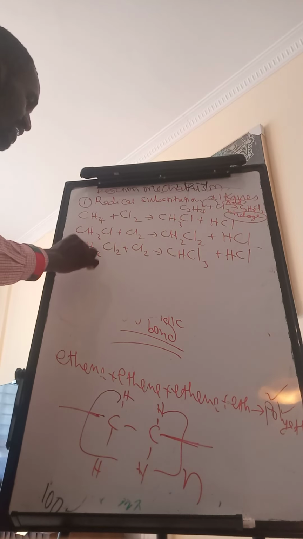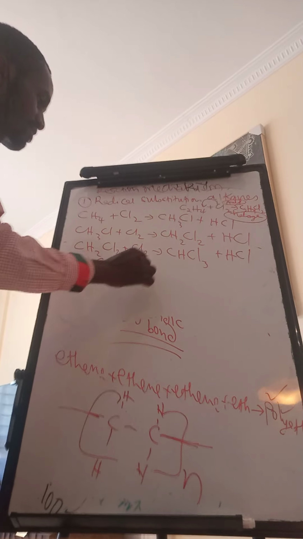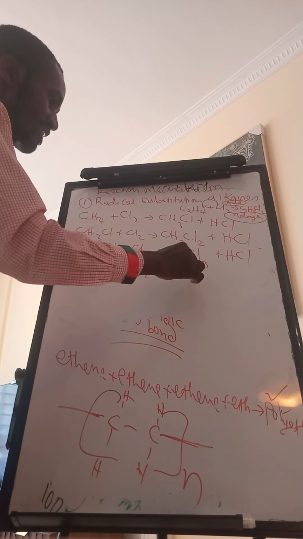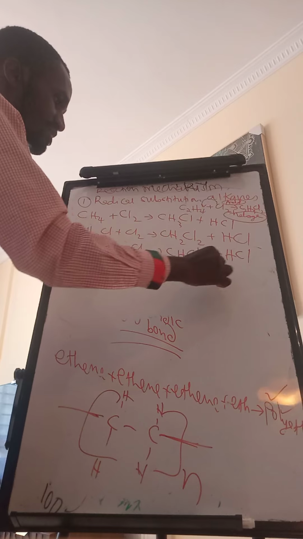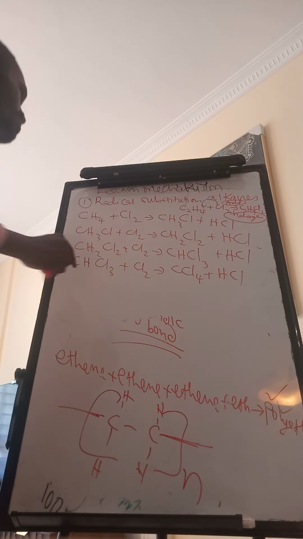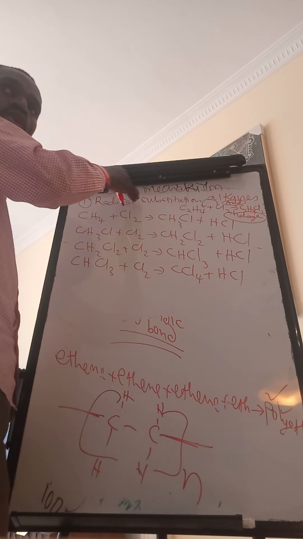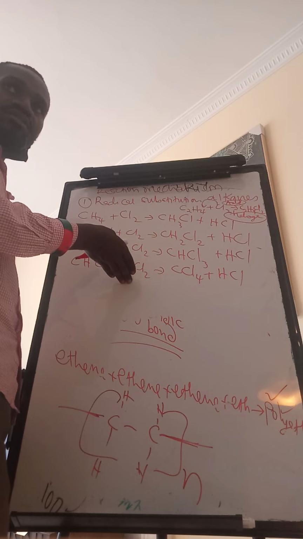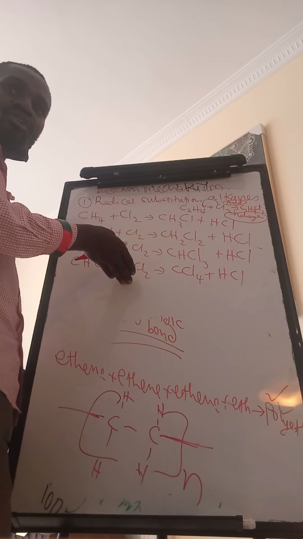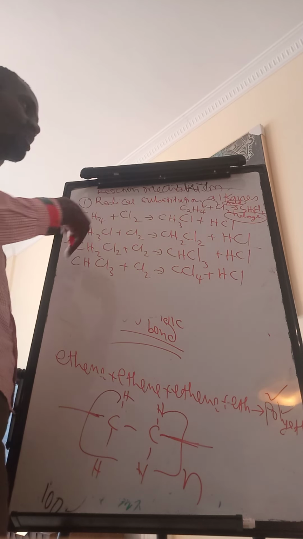Then you have CHCl3 plus Cl2, and I'll get CCl4 plus HCl. This is a reaction mechanism whereby it will show a sequence of 2 or more steps in a reaction, each represented by its chemical reaction. So it becomes a reaction mechanism.